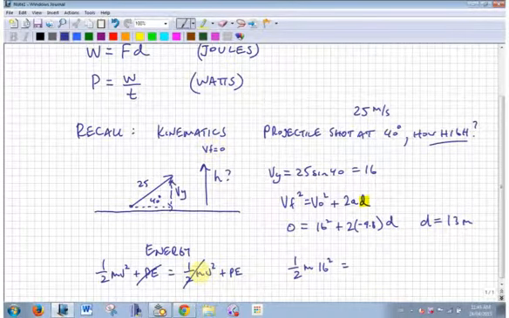So it's got no kinetic at the top. It's mgh. And what can I cancel out? Yeah, cancel out the m's. And I have 16 squared is 2gh.